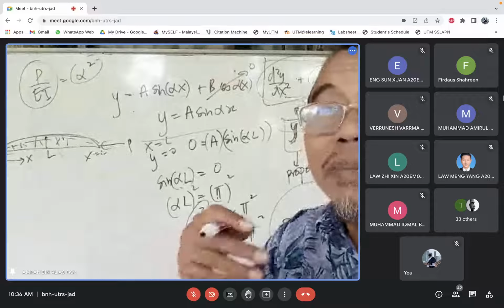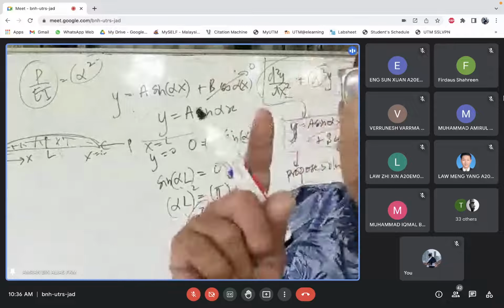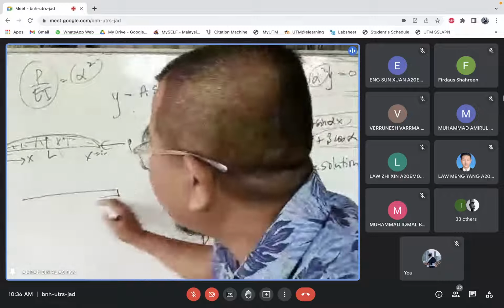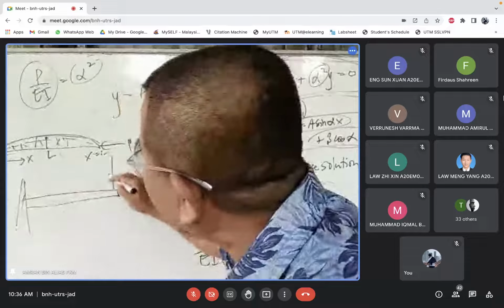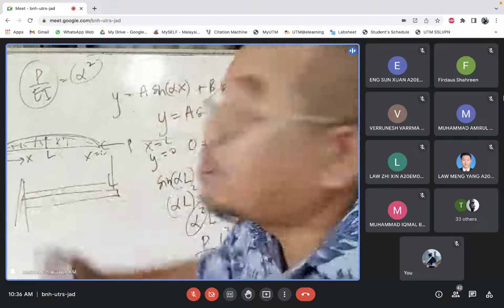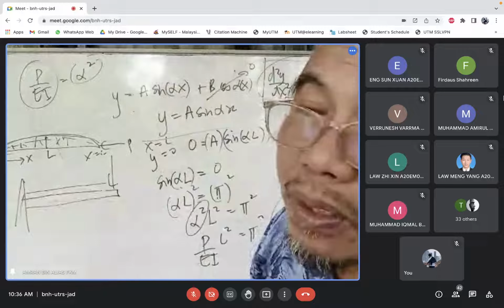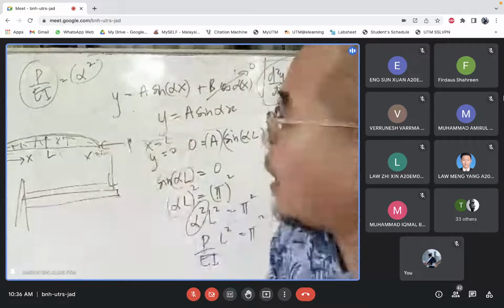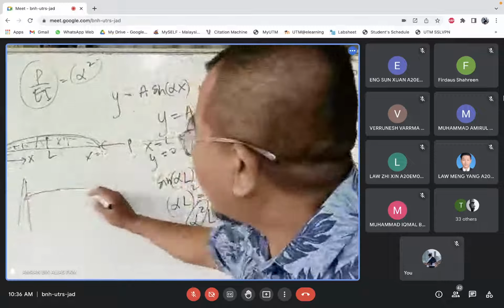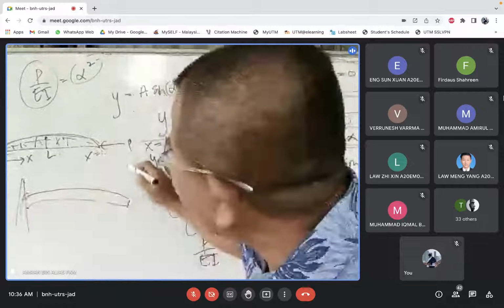Because in undergraduate, when you put a load there, you just take this distance here. This distance is before the load. In postgraduate, when you put the load there, it's already bending, right?